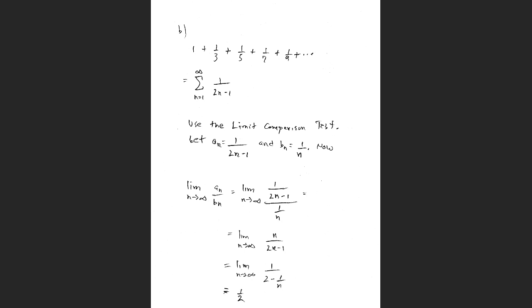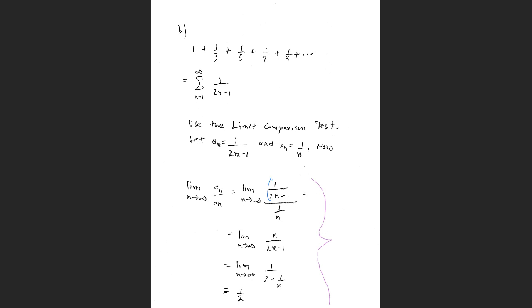Okay, the bottom portion, like this part here. I understand how you have a sub n over b sub n, but from there on, how did you get n over 2n minus 1?